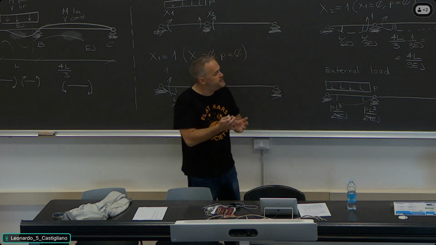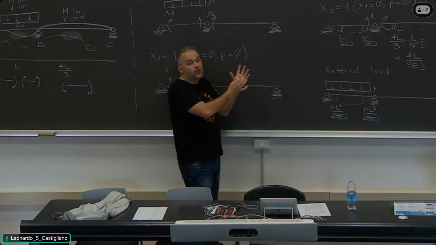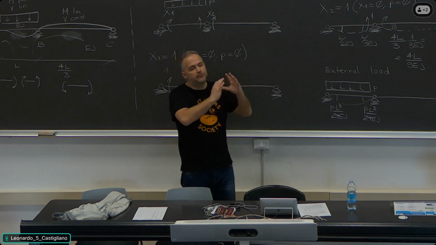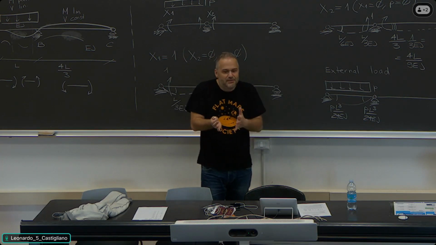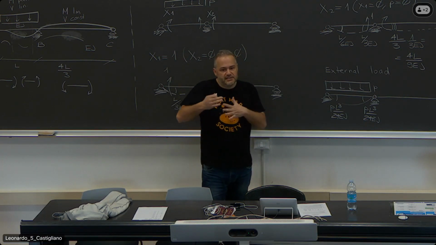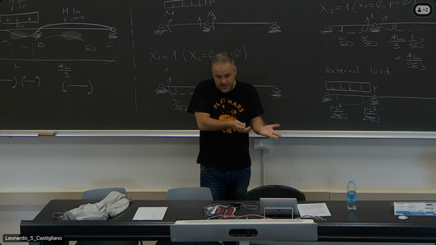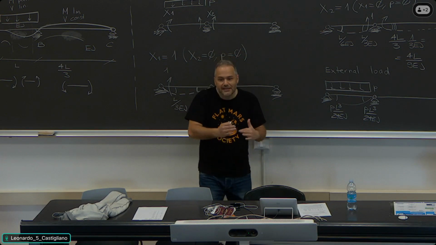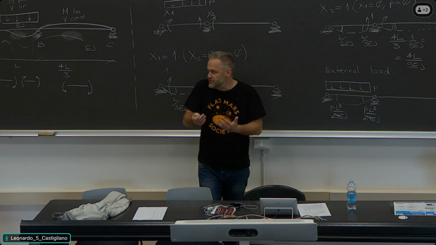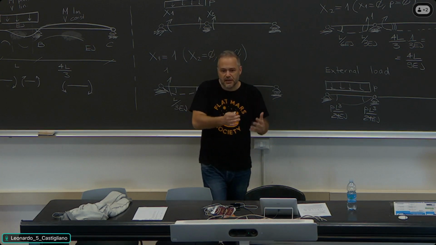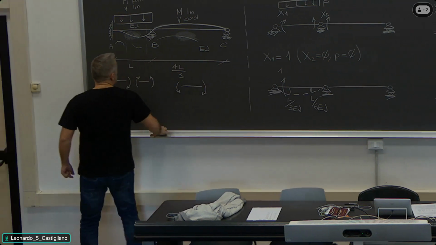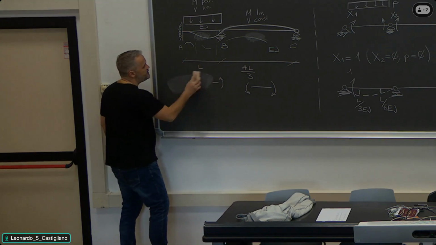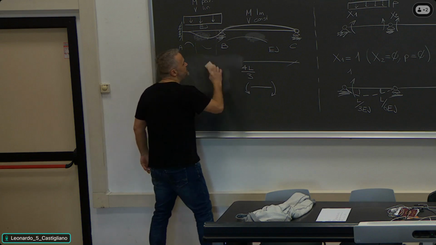The force method consists in considering the structure without the excess restraints, substituting the restraints with their static effects, in our case bending moments, and then reinstating the effects of the restraints by writing compatibility equations. So, I'm going to create some space here in order to write my compatibility equations.